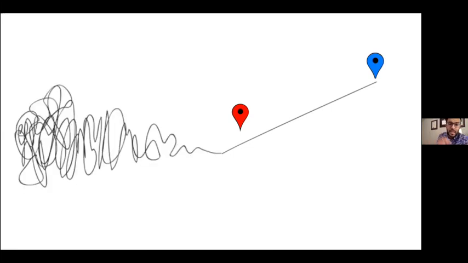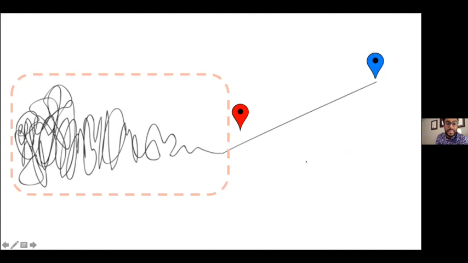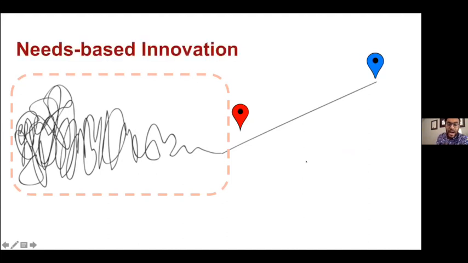You always see, they were able to secure IP, they were able to raise seed funding and then Series A. As an external person reading about a startup, you're always looking at these endpoints, assuming that the direction is going from point A to point B. But what I really want to emphasize is the chaos and the confusion and the back and forth that happens in the very early stages, before these newsletters come out and the clapping audience comes out for all the achievements that the startup has achieved. This is really the confusing, chaotic, needs-based innovation process that I want to highlight further.